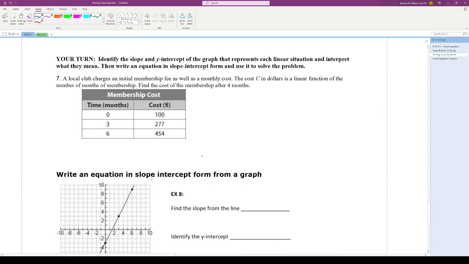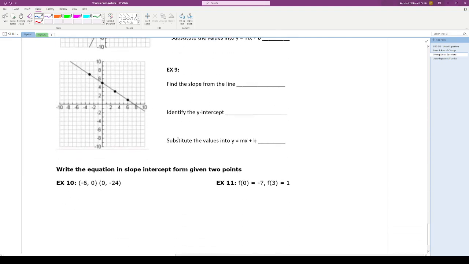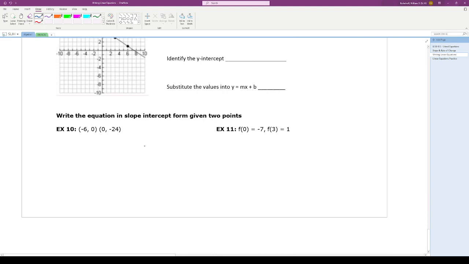Okay, so they have some practice for you to do here. Similar things to what we've been doing. You have a story with a table, and you have some graphs to do examples for, and then some equation examples where you're given a function with f of 0. So on this one, just remember that f of 0 means the y value when x is 0.